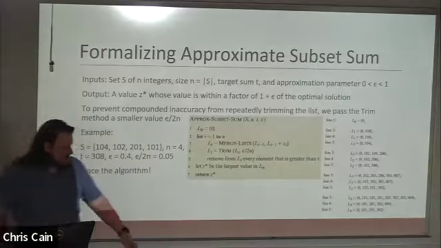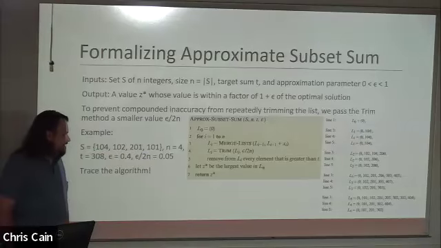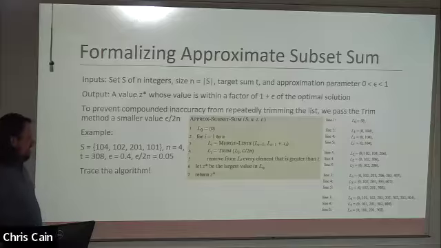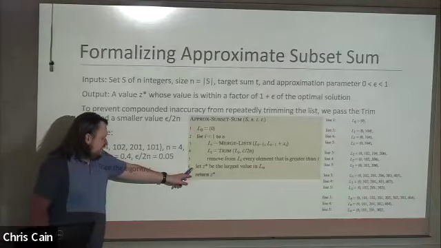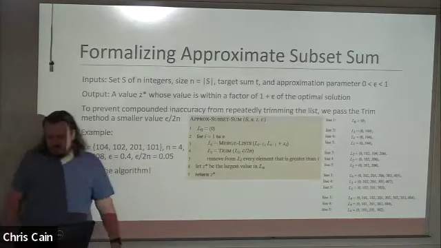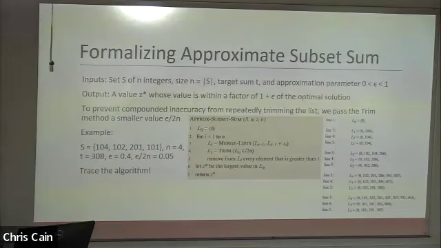Then we loop back around to consider the last box, 101. We're going to add 101 to every element in the list, then trim, then remove everything larger than the target. Then we finally get to the end and return the largest value in the list, which is 302. And that is our approximate solution to the best weight that we can add.